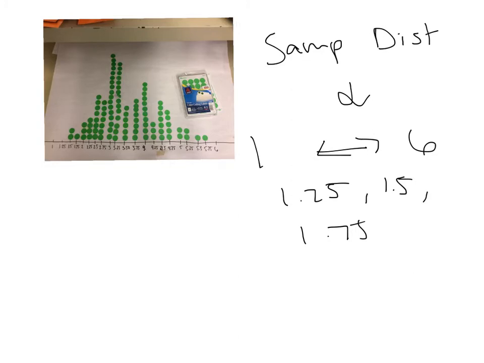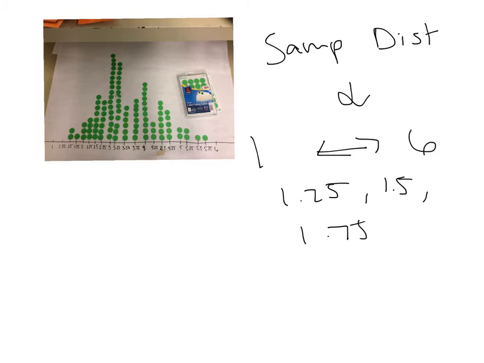We can't get 1.6 or 2.2, but we can get 1.25, 2.25, 3.75, 4.75. That is what the sampling distribution is: all possible values that our samples could take.